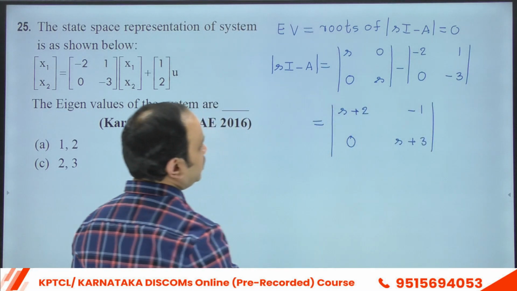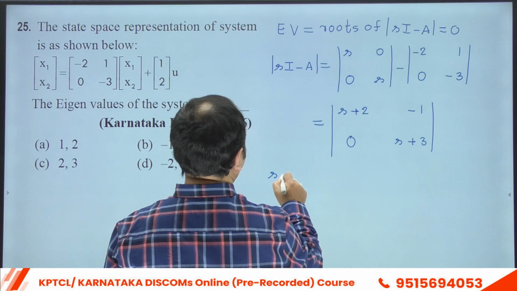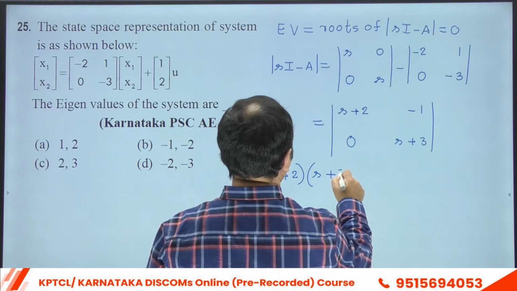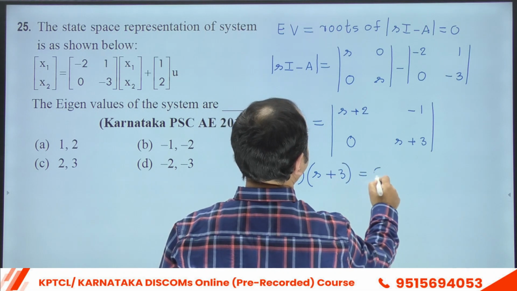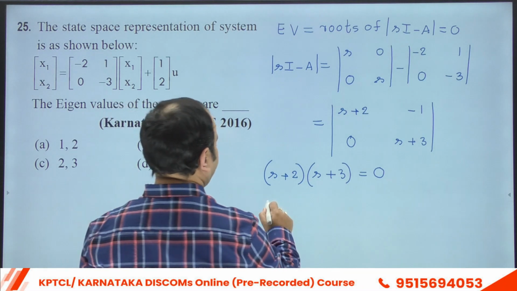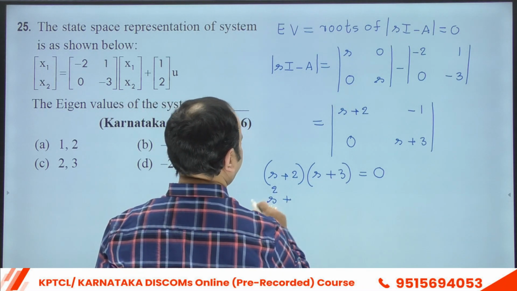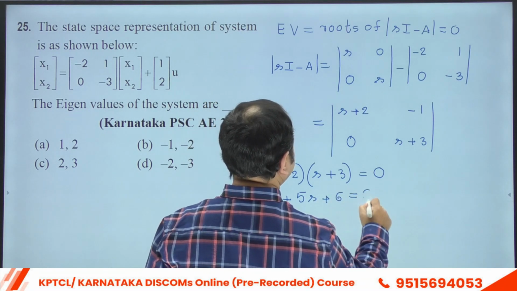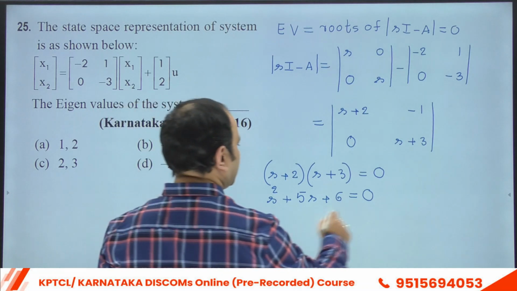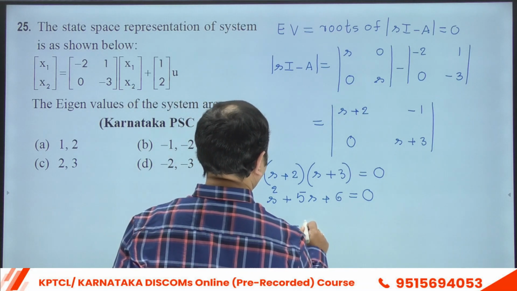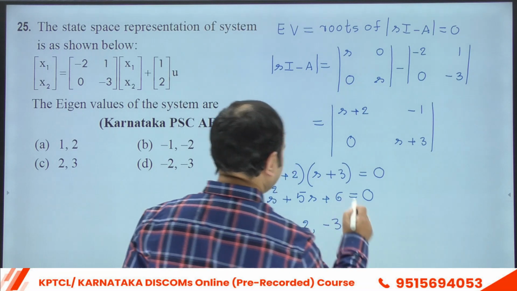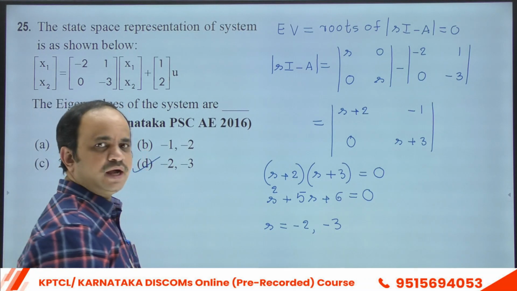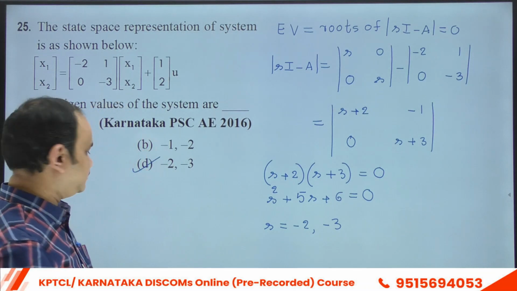Now if you find the determinant here, (s+2)(s+3) is equal to 0. So if you expand this equation, what you will get? s² + 5s + 6 = 0. So what are the roots of this equation? s is equal to -2 and -3.